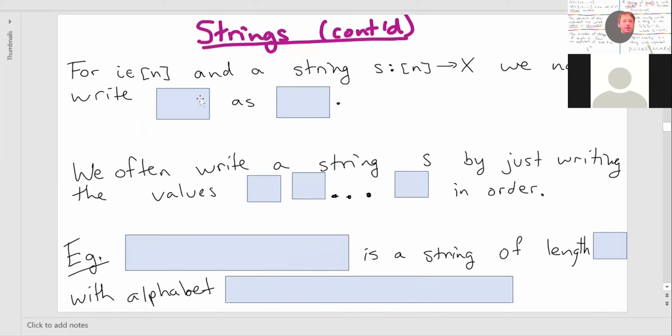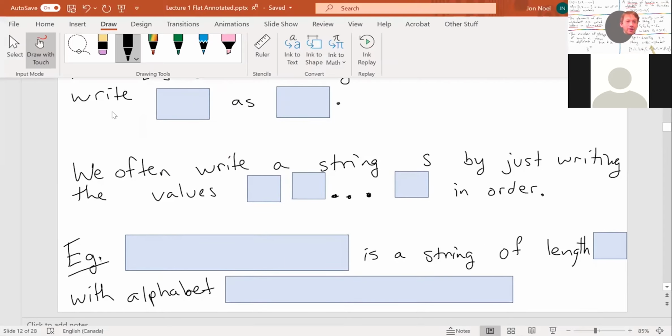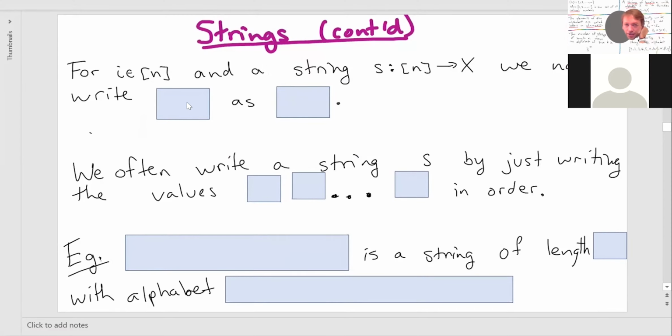So yes, strings you can write as a function, so for each integer i you have some element s_i, but we're usually going to write it as s sub i, because the notation's a bit nicer perhaps. And we're not going to specify a string by writing s1 equals blah, s2 equals blah, s3 equals whatever.